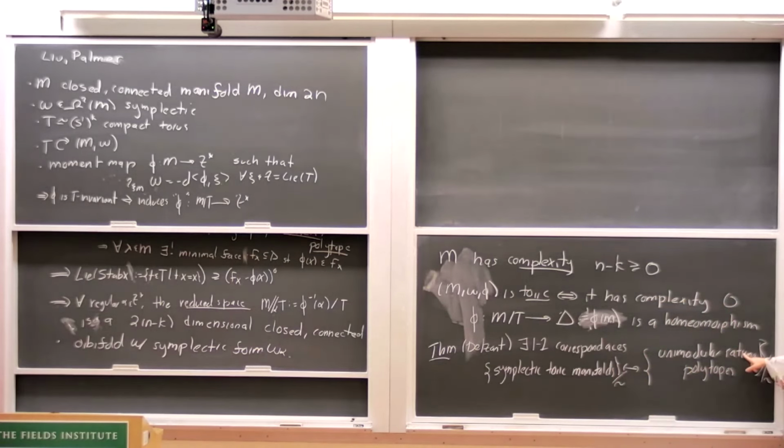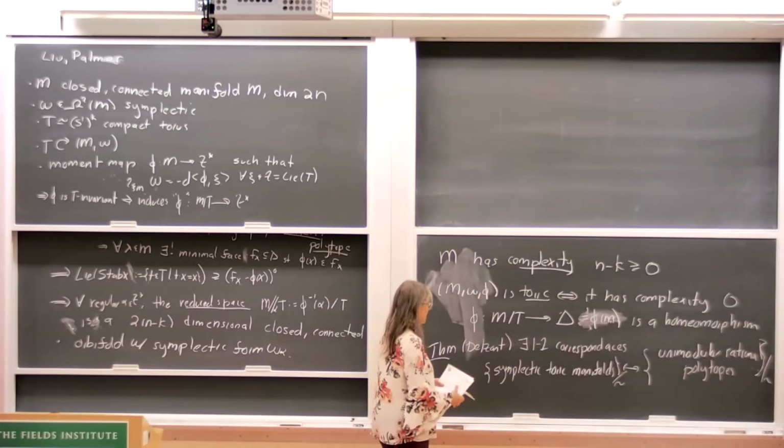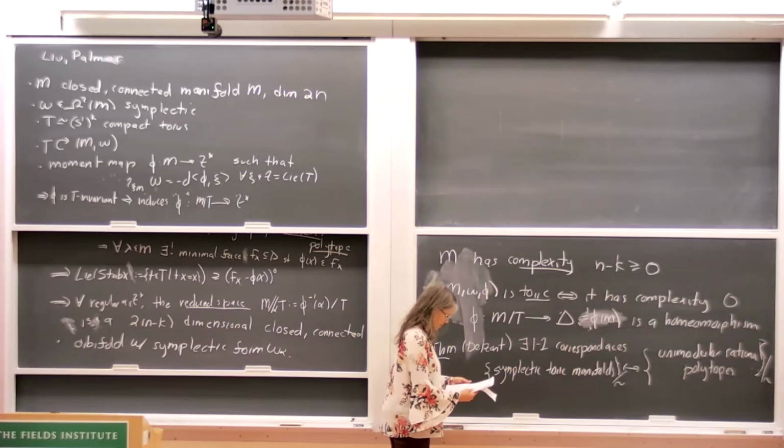So unimodular polytopes is just a condition that at every vertex you want the primitive vectors along the edges to span the lattice. A lot of you are probably experts on these, but if you're not, it won't come up for us too much. It's just a class of polytopes.